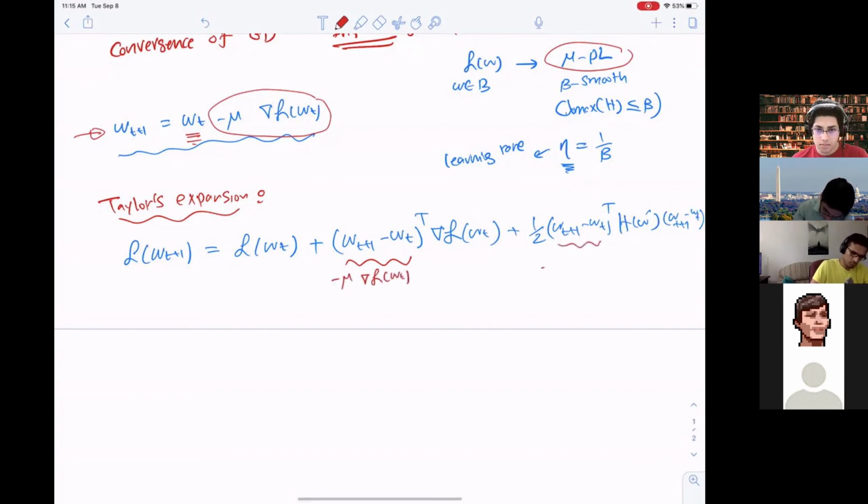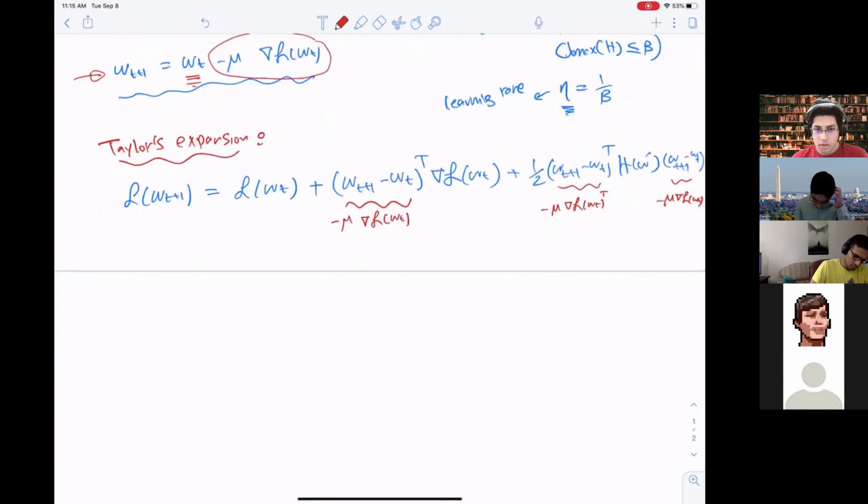And same here, minus eta times the gradient vector, and there's a transpose here as well.